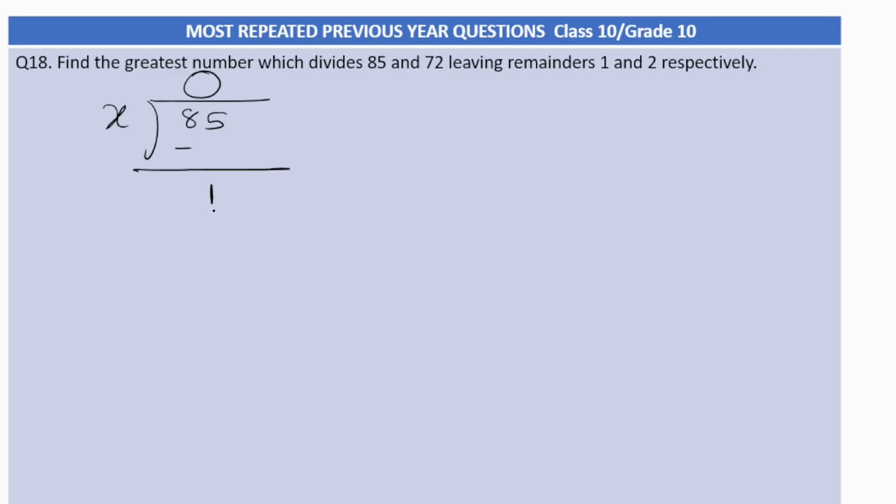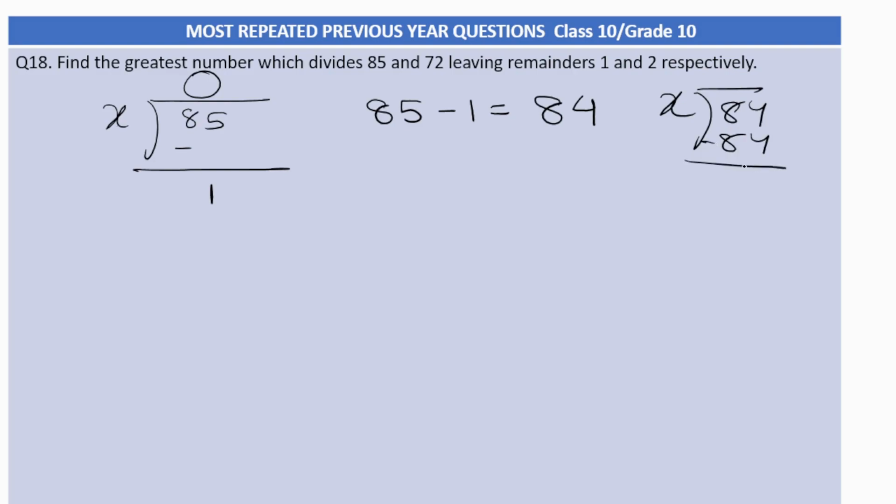Now if I subtract this 1 from 85, what number do I get? 84. So this 84 is fully divisible by x, and the remainder will be 0. This is the meaning of remainder, right?